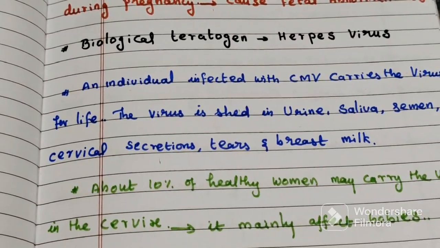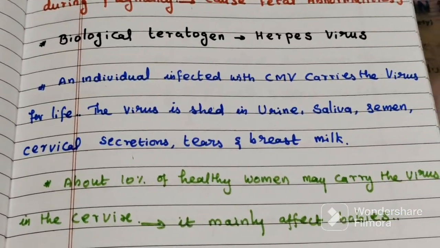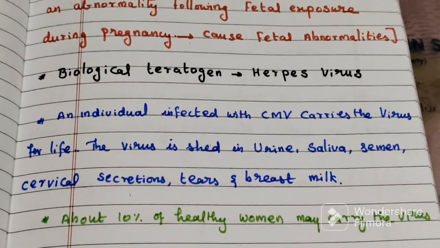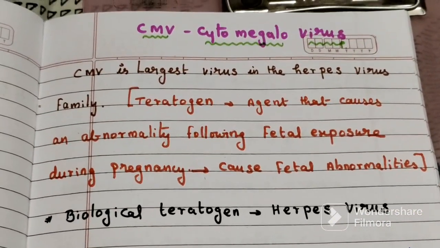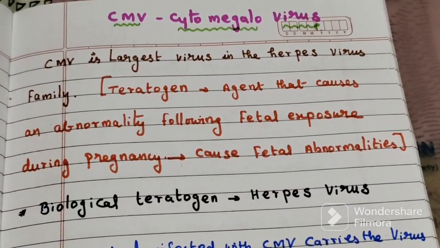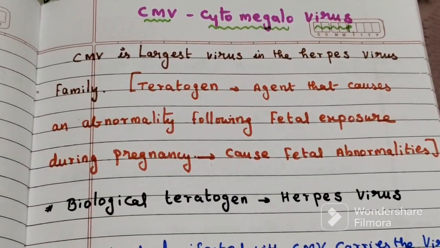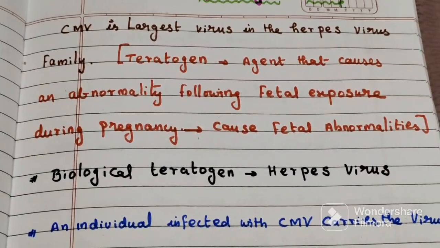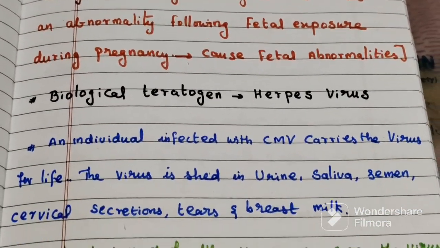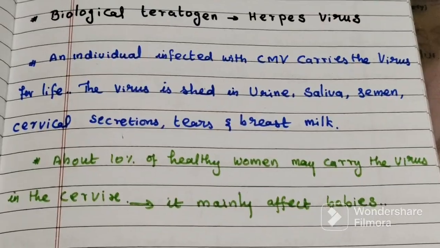So the babies are the primary target. This cytomegalovirus mainly affects the fetus, children only. It is present in males and females, but doesn't cause any disease. It mainly affects children.